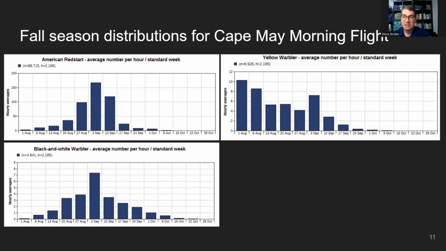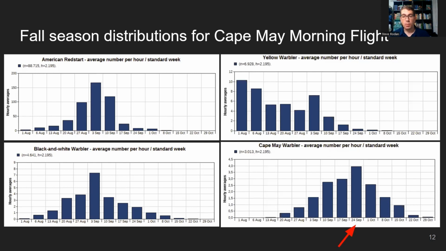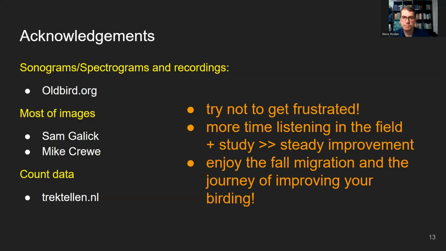So yellow warbler is something for people watching this in 2024 before the fall season, more so. But Cape May warblers are still around fine. As I put this red arrow, actually this weekend is the peak time for Cape May warblers, as many as 4 per hour on average day this week. So you should hear a few of those.